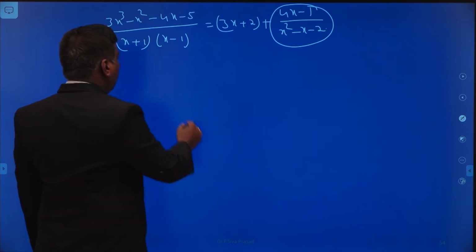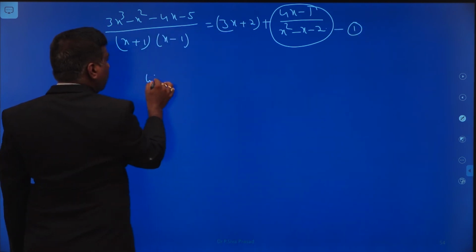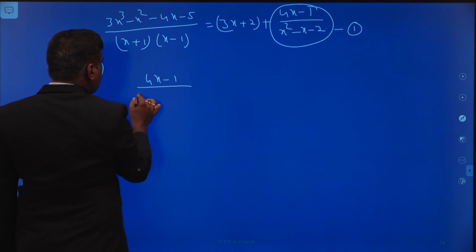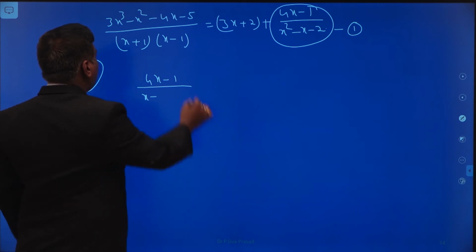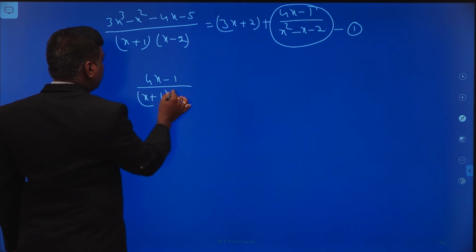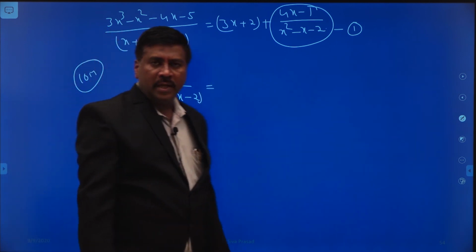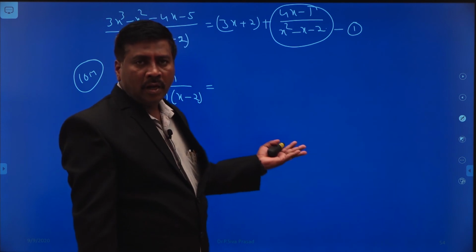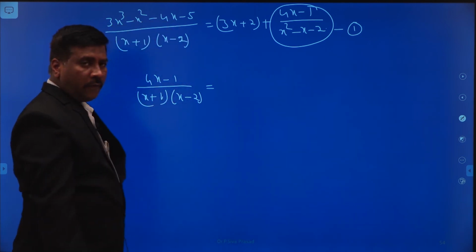Okay. So now let us assume this one to be the first equation. Separately I take 4x minus 1 by x square minus x minus 2, which I split into x plus 1 into x minus 2. Whatever you learned in the previous contents, the same applies here for resolving into partial fractions, because these two are linear factors.